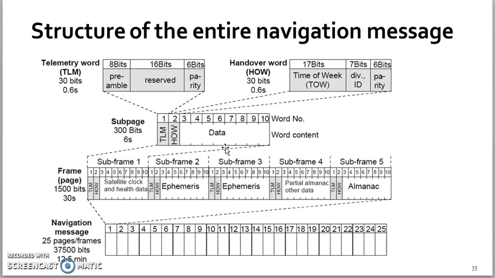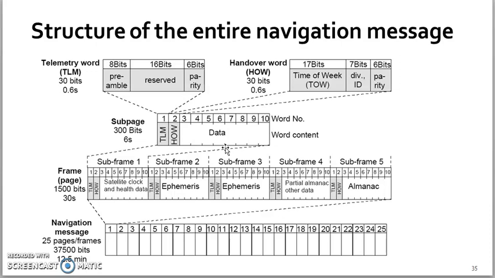Now the subdivision of that: the complete navigation message requires 25 pages, and 12.5 minutes are required for these 25 pages. And this page, or you can say frame, is divided into 5 subframes.